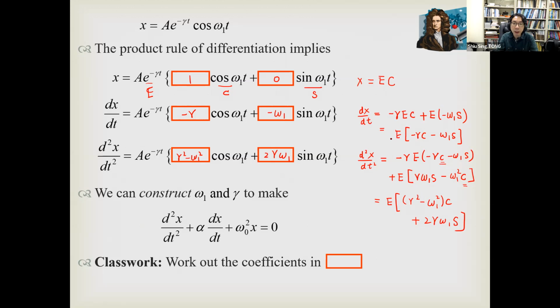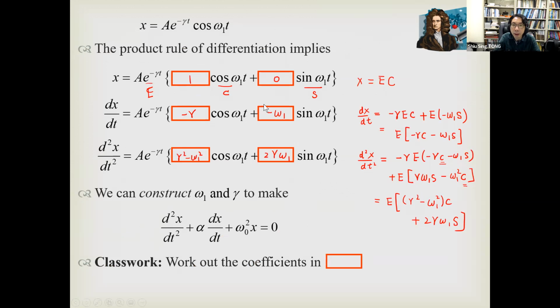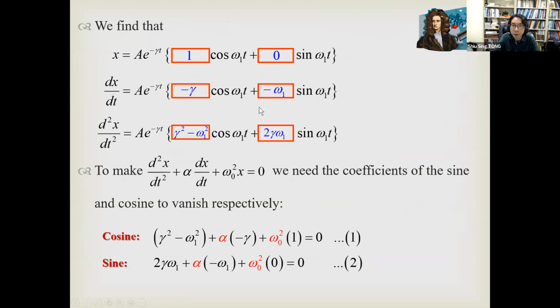Okay. Now, after I work out the coefficient, what should I do? Here I just copy this answer once more. I have to satisfy this equation. Now, the cosine and the sine cannot be made equal, right? They cannot be made equal at all times. A cosine omega 1t cannot be equal to a sine omega 1t for all time.